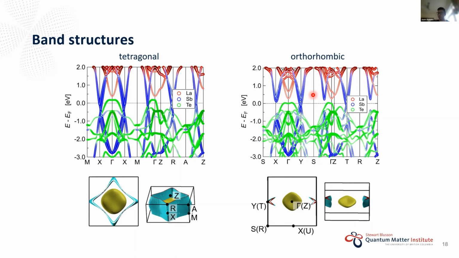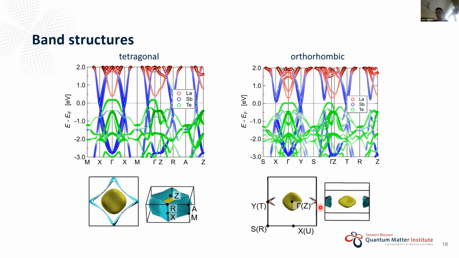And this gap opening can also be seen in terms of the Fermi surface, because now most parts of that previously diamond-shaped Fermi surface get gapped out. And those remainders of the electron pocket still have a negligible out-of-plane dispersion.